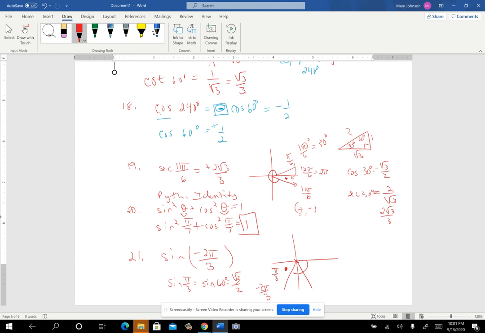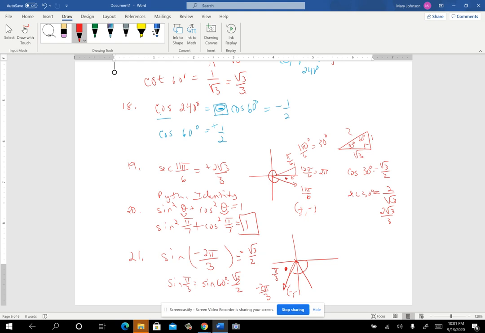Now I'm in this quadrant right here, which has negative, negative, so the sine value is going to be negative. So I need to put a negative on that, and it'll be negative square root of 3 over 2. That's the approach. That's using reference angles to figure these out, not just plugging it into the calculator, okay?